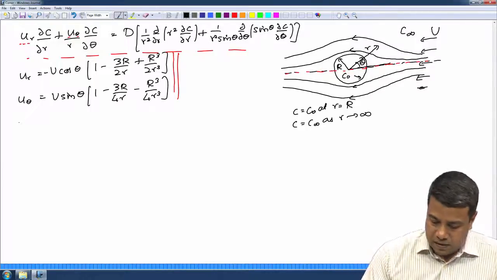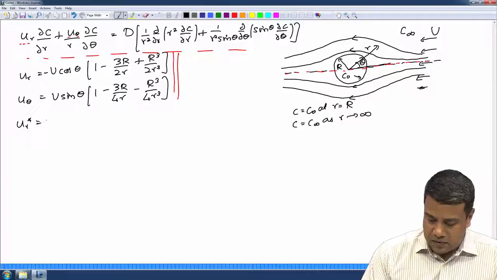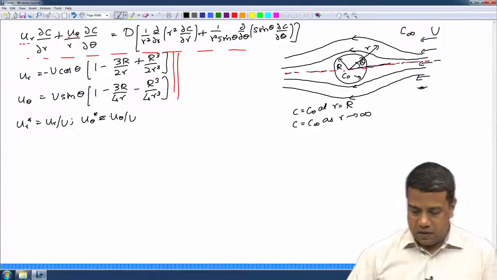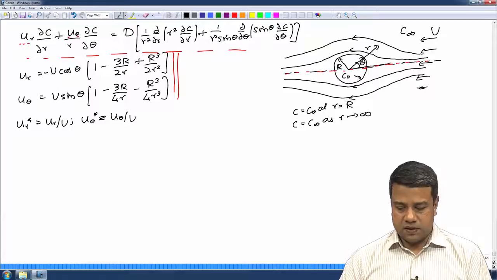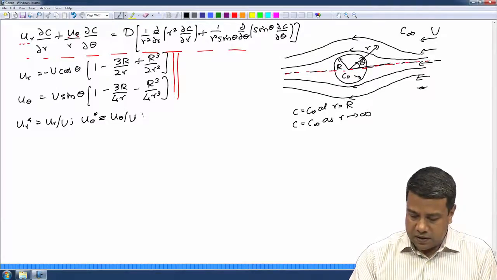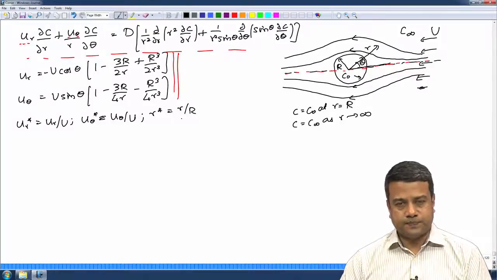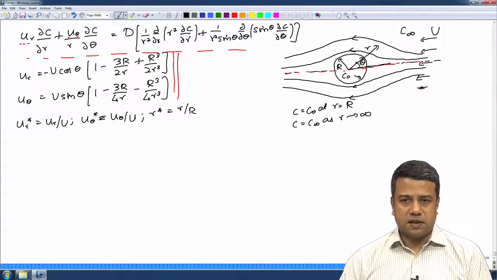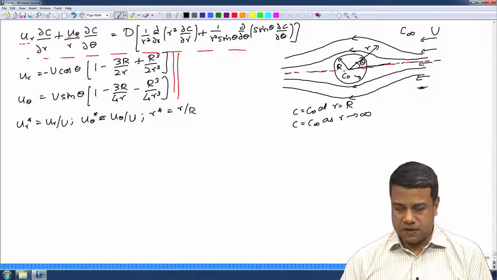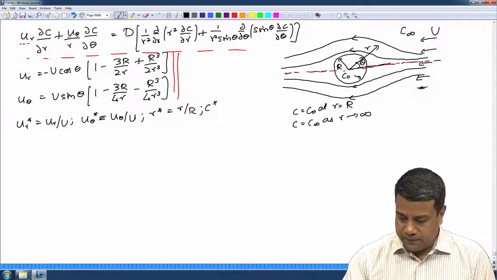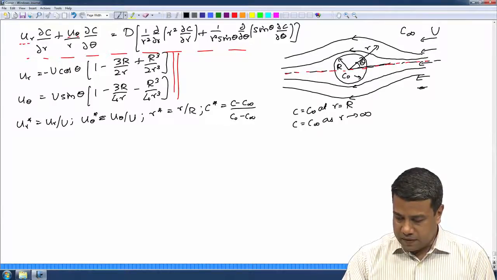Scaling: u r star is equal to u r by U, u theta star is equal to u theta by U. Those are the natural coordinates. For length, the natural coordinate is r star is equal to r by R. The angle is already dimensionless, and I can write down the concentration as c star equal to c minus c infinity by c naught minus c infinity.